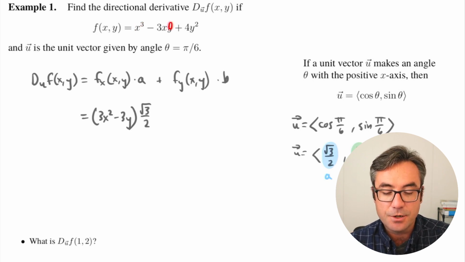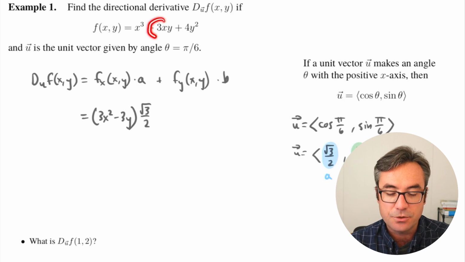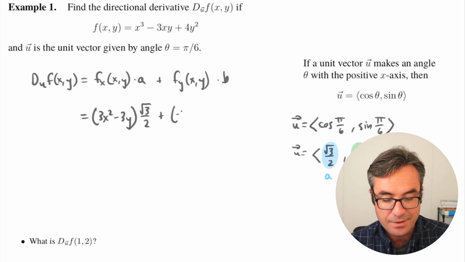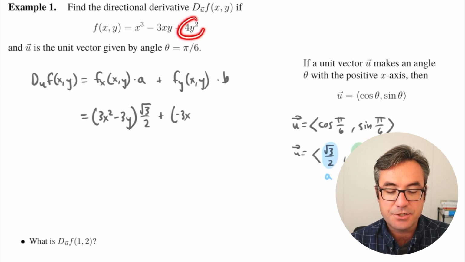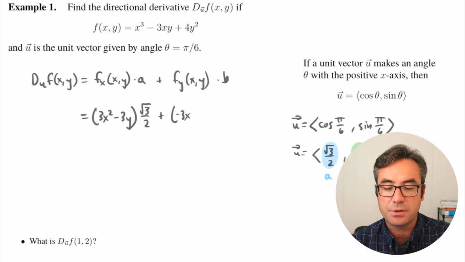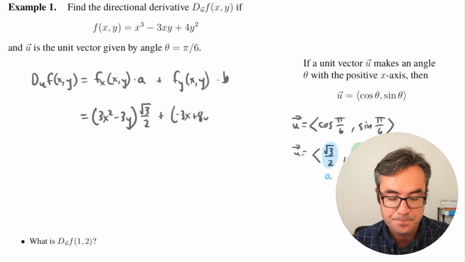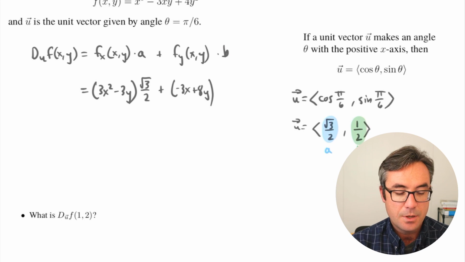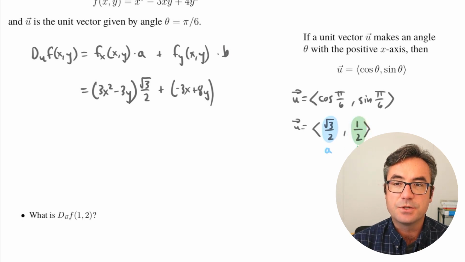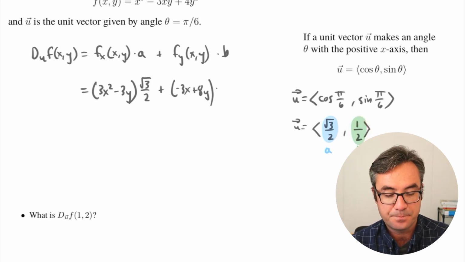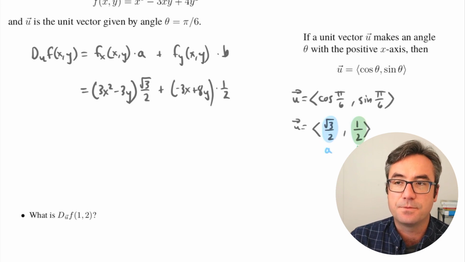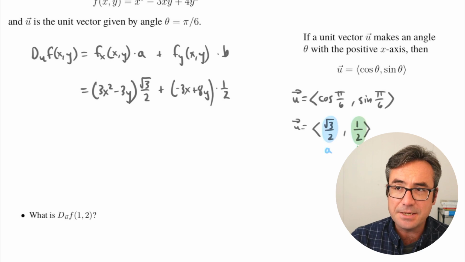Then in the second term, differentiate the y, we get 1, but we're still going to have that minus 3x. And then for our last term, just differentiate like usual, we get plus 8y. And then if we throw in our b value, we see that the b value there was 1/2, the y component of our directional vector. And that's it. So that's our directional derivative.